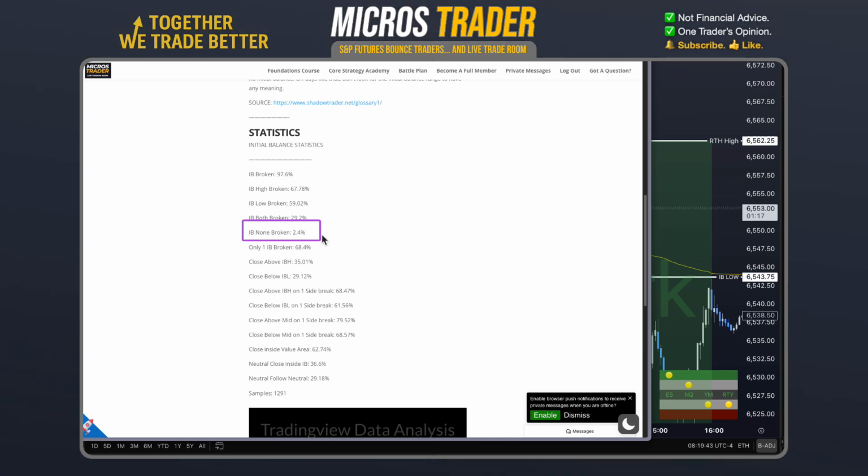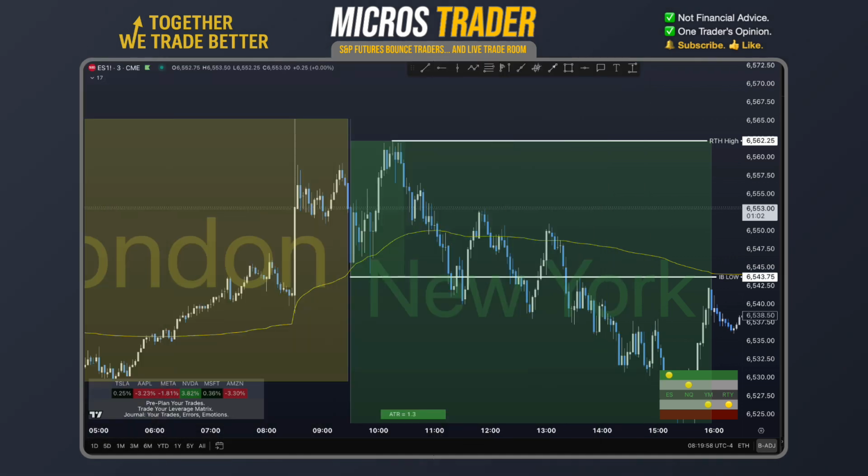So once the IB high and low is established, you can bank with 98% certainty one of them is going to be taken. Only 30% of the time will both be taken, and only 2% of the time will neither be taken. There are some additional statistics there as well.